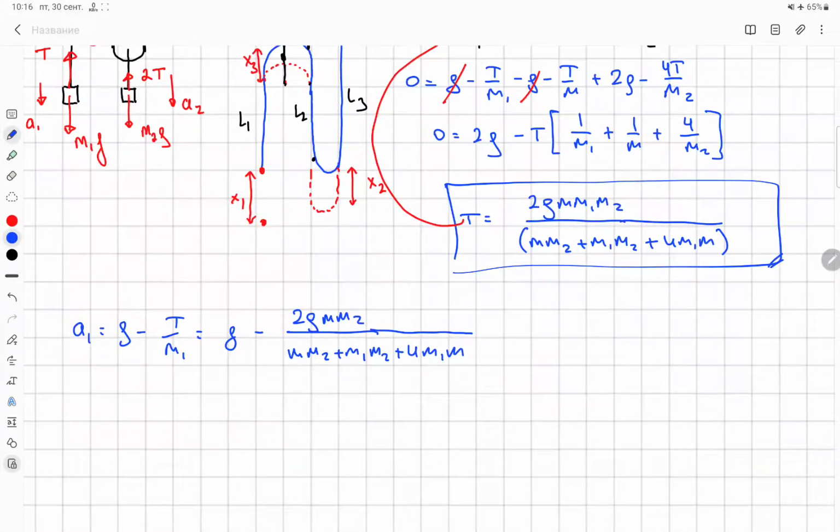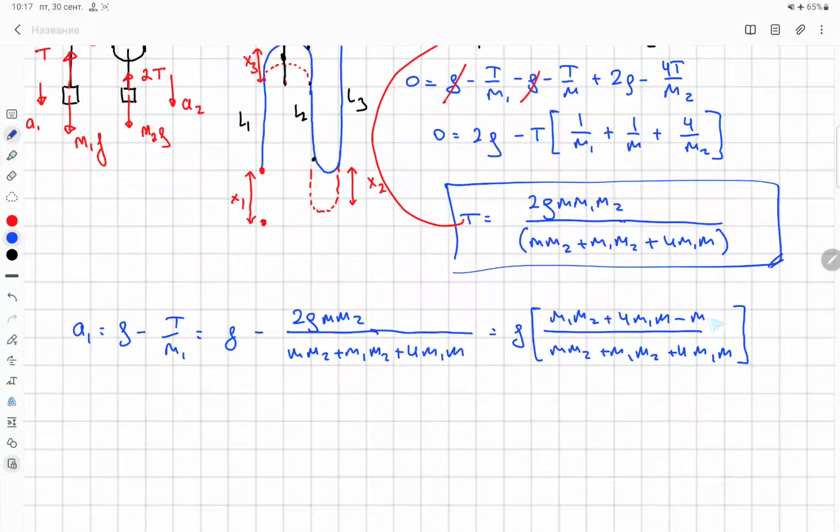Can we simplify it further? I think yes, we can try. g times (m1 plus m2 plus 4 m1 m minus m2) over the same denominator. This is the acceleration of the first object.